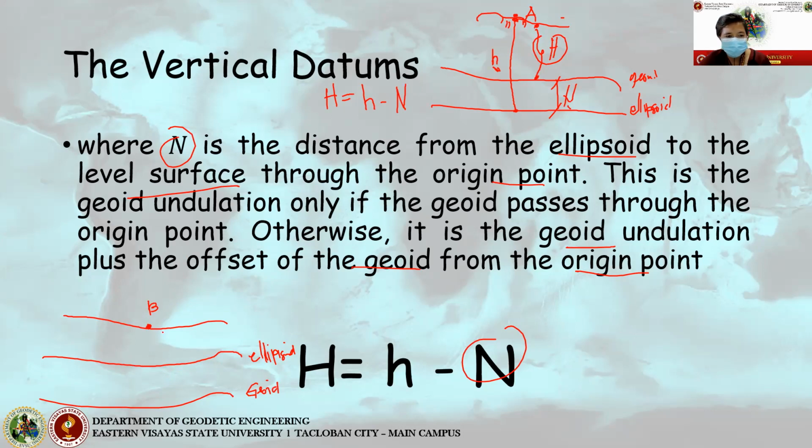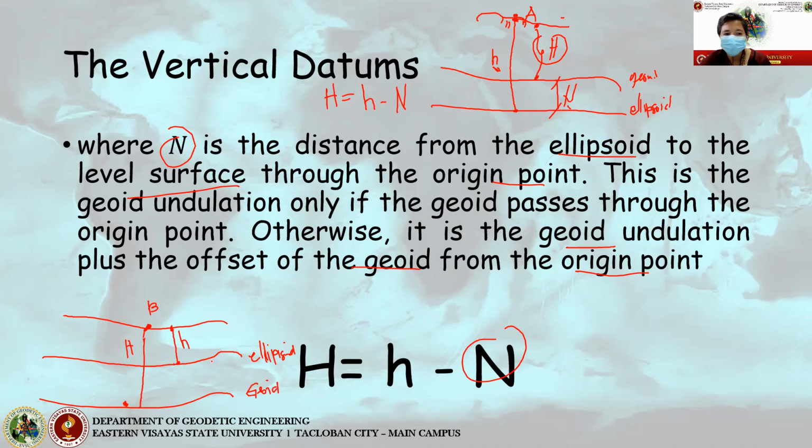Now your h from the ellipsoid to the point is called the ellipsoidal height, which is equivalent to h. And then from the geoid to the surface of the Earth, this is now the orthometric height.